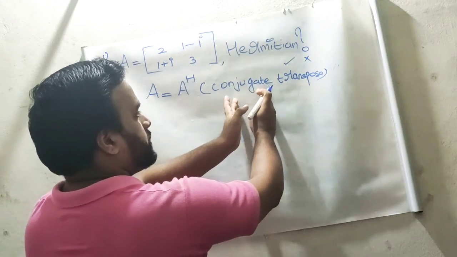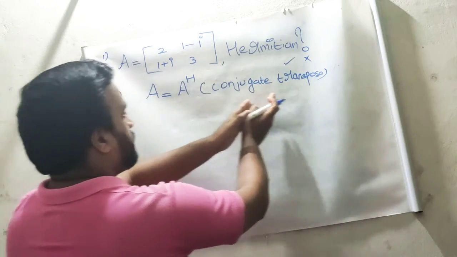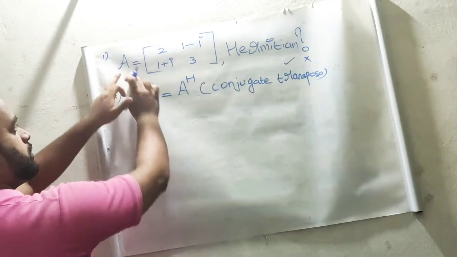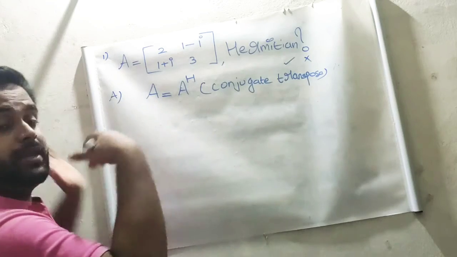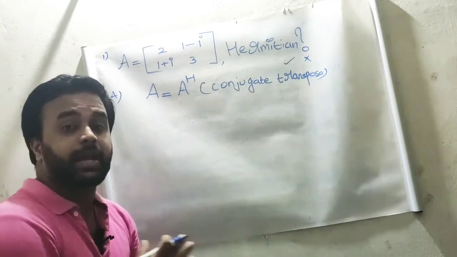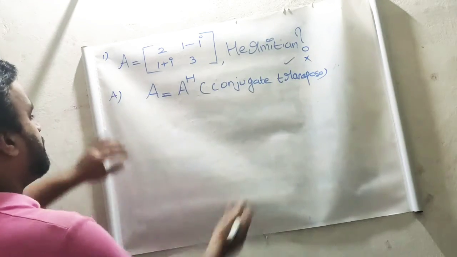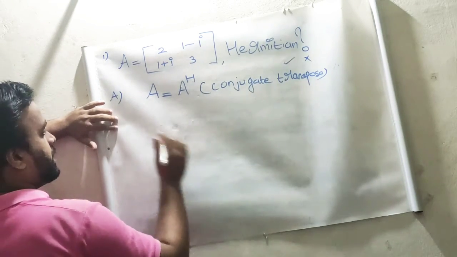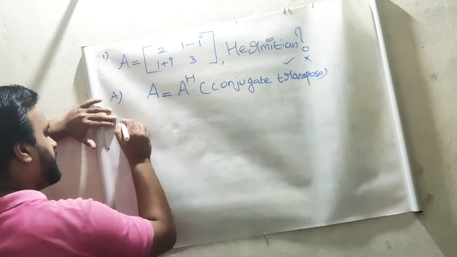If the conjugate transpose matrix is equal to the matrix A, then we can say that the matrix A is Hermitian.